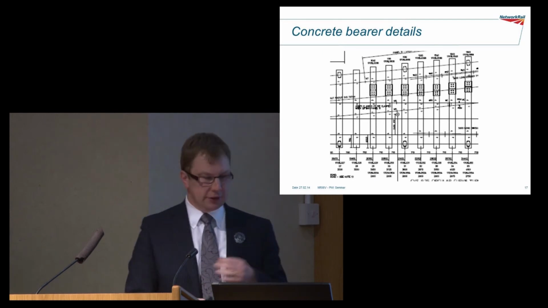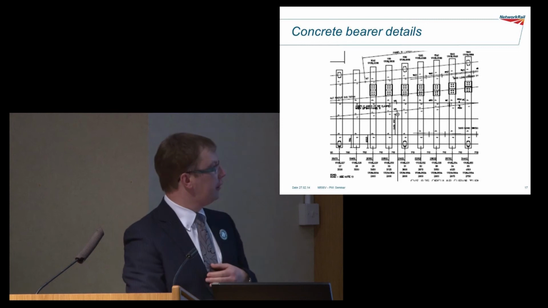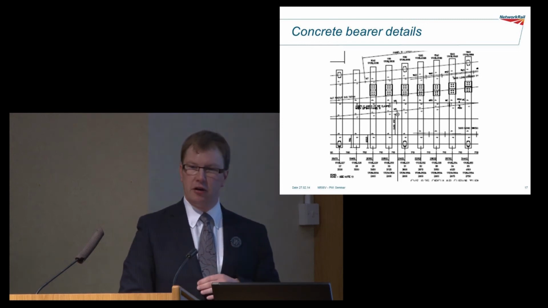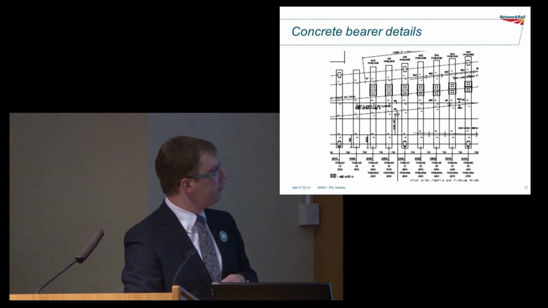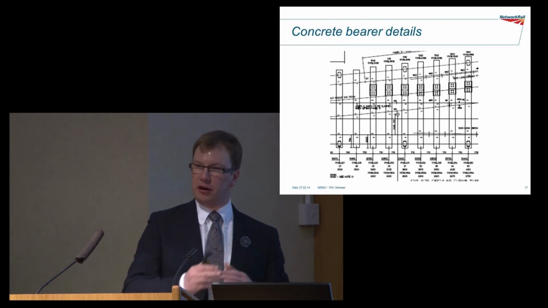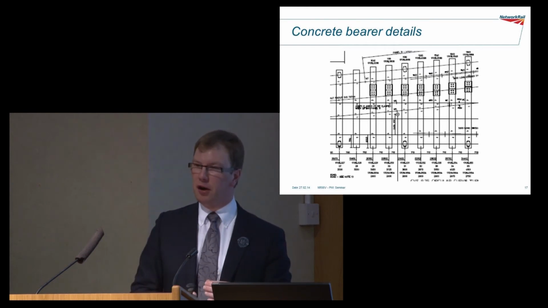Now, like I say, on a straight route, that's quite simple, because the principles are very much like a concrete sleeper. But once you're going around here, you start to rotate everything, and then you start to have problems with the concrete reinforcing bars that go through the bearer.